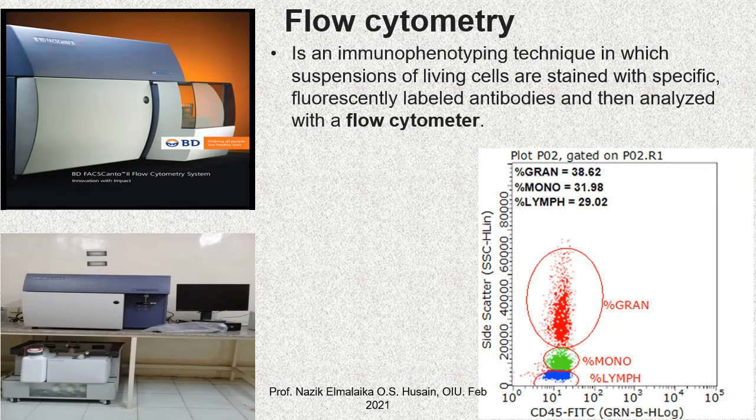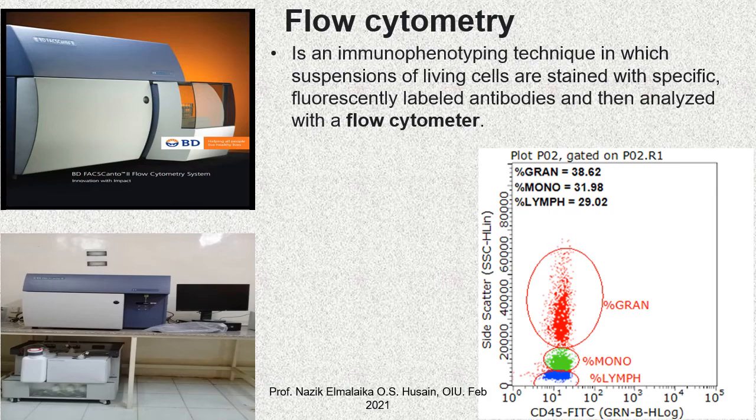We will discuss only the commonly used technique in hematology, flow cytometry, which is an immunophenotyping technique in which suspensions of living cells are stained with specific fluorescently labeled antibodies and then analyzed with the flow cytometer. The sample can be blood or a bone marrow aspirate or a lymph node suspension. While in immunohistochemistry, the sample is formalin fixed, paraffin embedded tissue block.